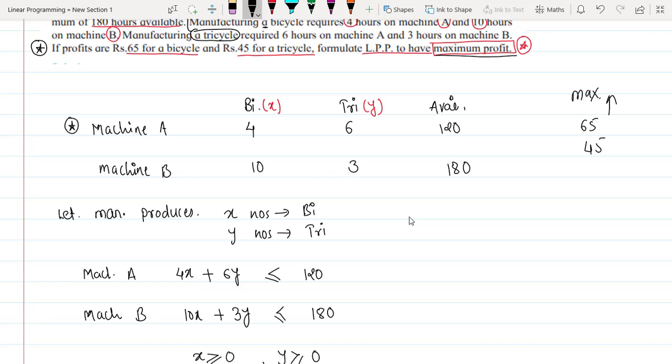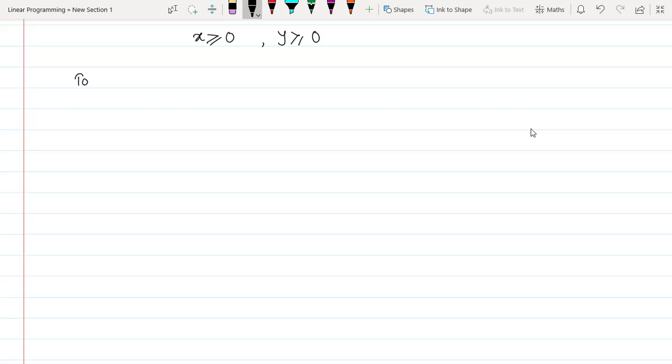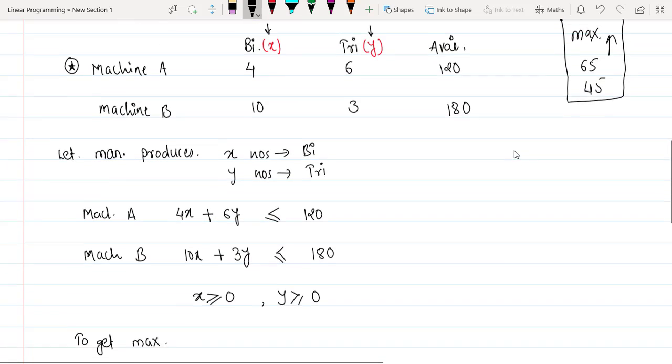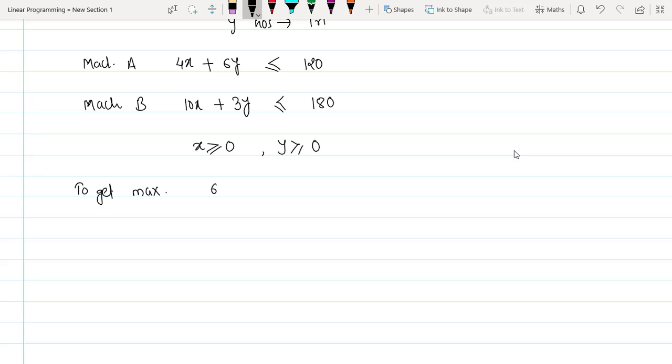Okay, now what will be the maximum profit equation? See, for one bicycle he is getting a profit of 65 and for a tricycle 45 rupees. So how many are we manufacturing? Bicycles x and tricycles y. So to get the maximum profit, I will have 65x plus 45y.